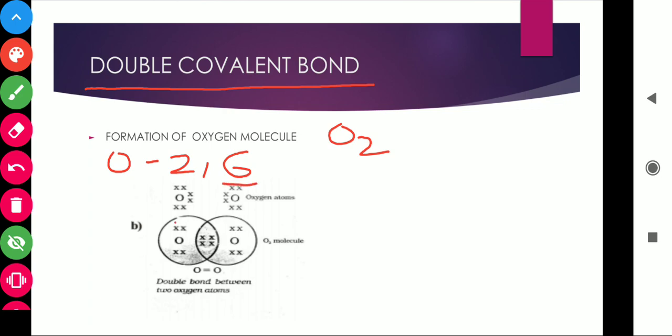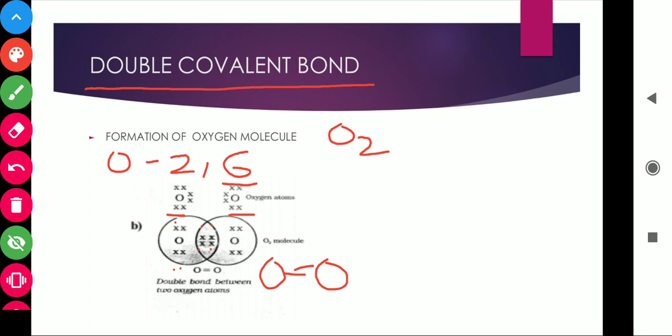We will write it in this way. After sharing 2 electrons, now you can count 1, 2, 3, 4, 5, 6, 7, 8, 8 electrons in the outermost shell. How is it represented? O double bond O.